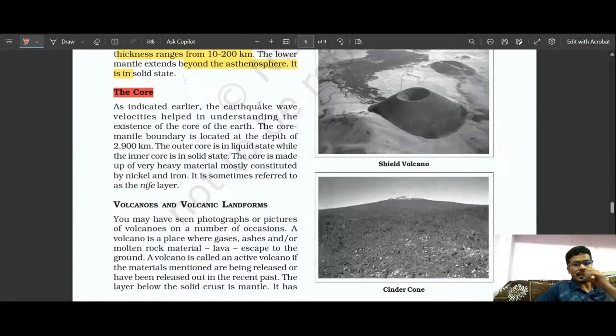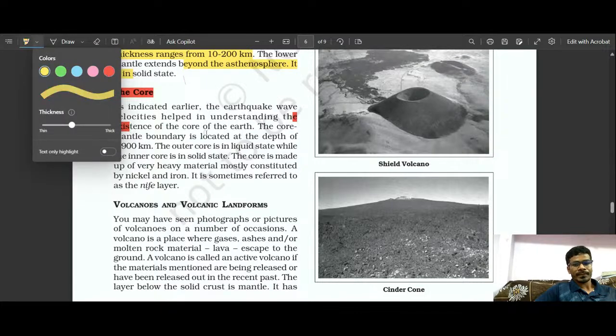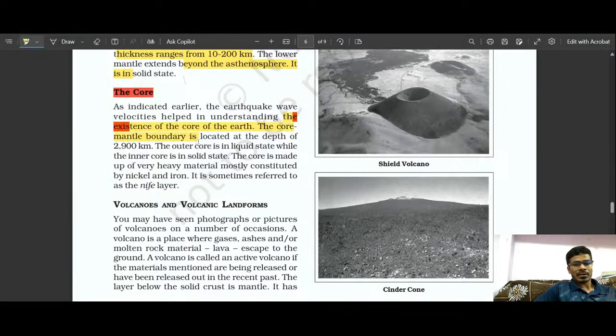As indicated, earthquake wave velocities help in understanding the existence of the core and the mantle boundaries. Located at a depth below 2,900 kilometers, the outer core is in liquid state.